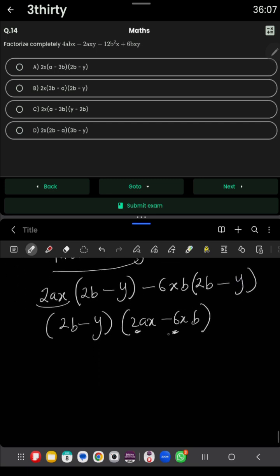So 2 comes out here. 2x, by the way, because x is common. So that will be 2b minus y. Then 2x is out, so I have a minus 3b. So let's look for it: 2b minus y, a minus 3b. That's this one, a. So you have to look carefully at the questions again. That's another thing.